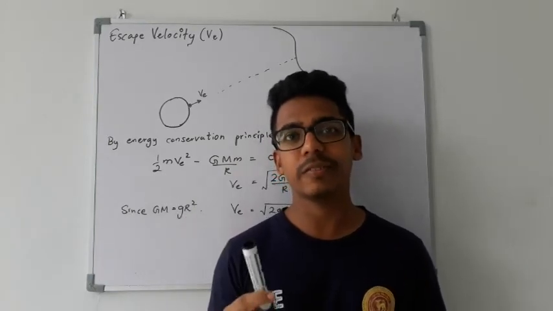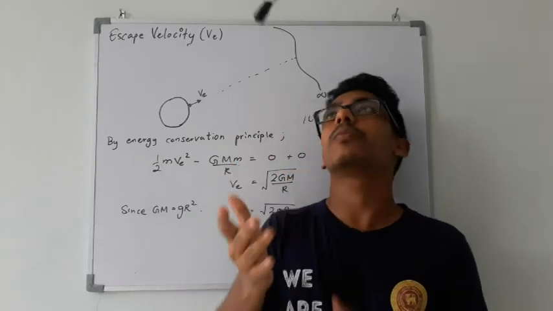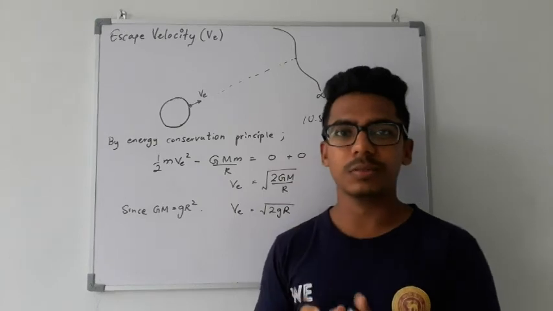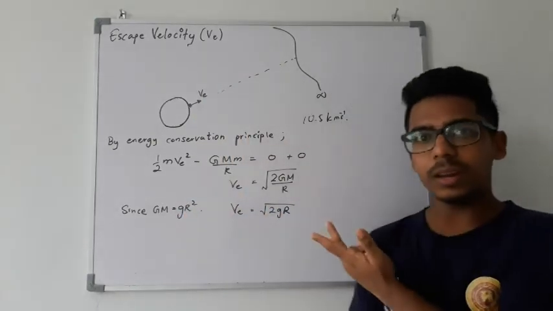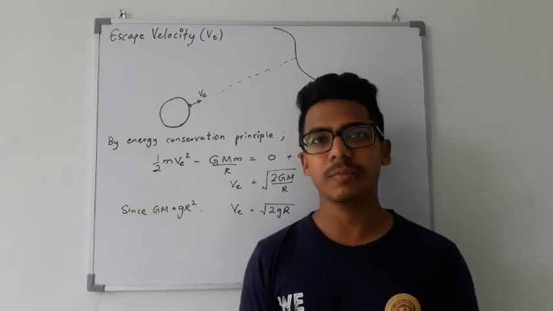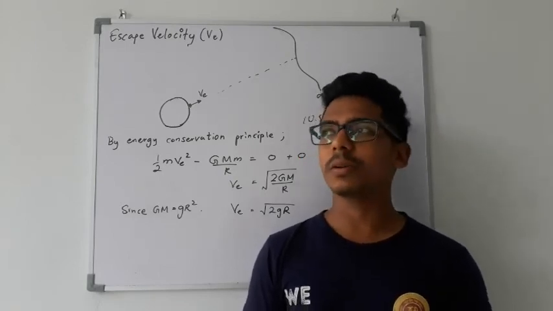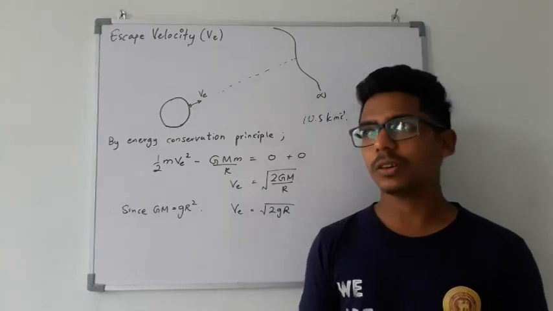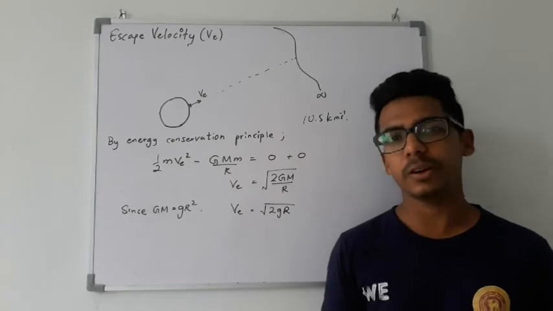Okay, if you throw this with such a high speed, this won't come back, because we know if I throw this up, this again falls down because of the Earth's gravitation. So if you throw this with this much speed, what happens is it won't come back. So that's what escape velocity means. So for example, we know the escape velocity of an object is the same value, and it's independent of the mass.